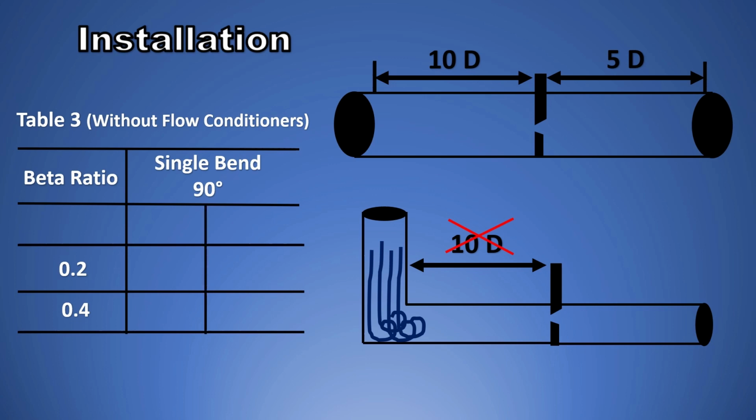Now, the table is divided into A and B categories. A stands for when you want very strict measurements, so zero additional uncertainty is guaranteed. B is when you accept 0.5% additional uncertainty. This depends on your fluid.